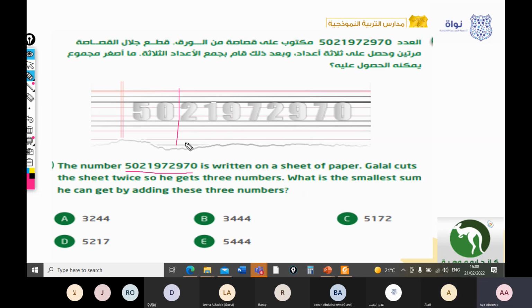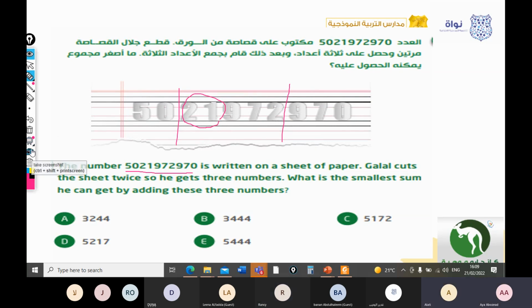Okay, and the other number? 29. 29 here? Yeah. Wow, this is the smallest number. 21,000 is the smallest number.